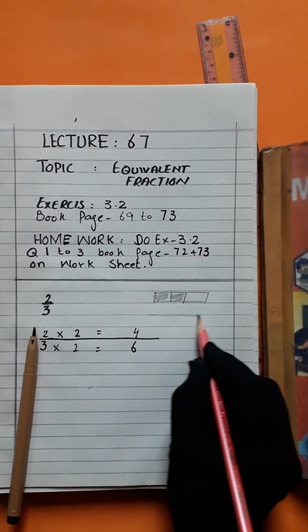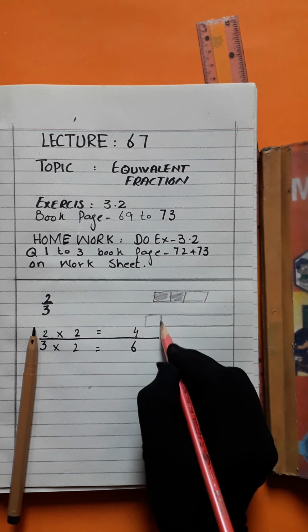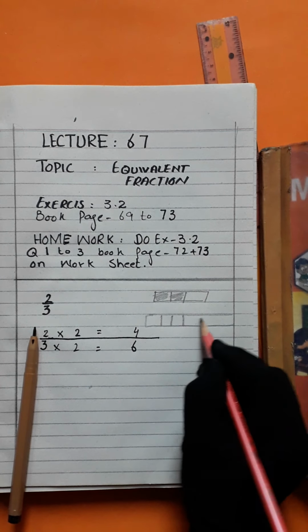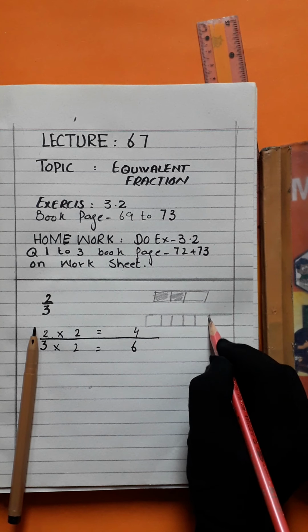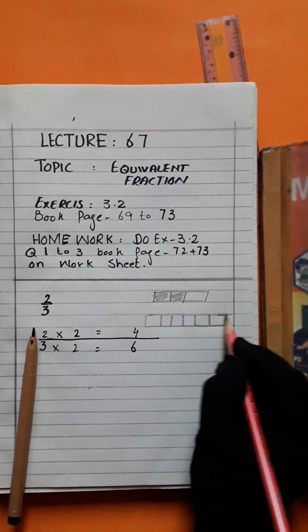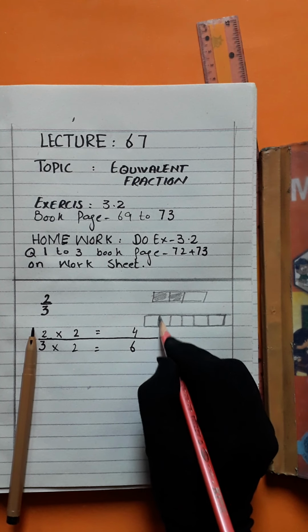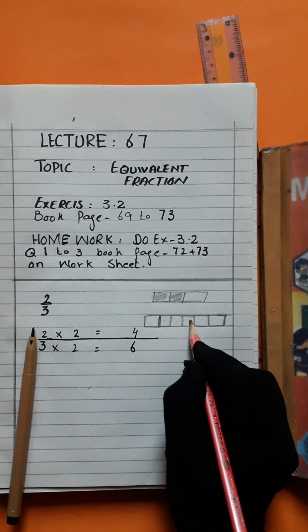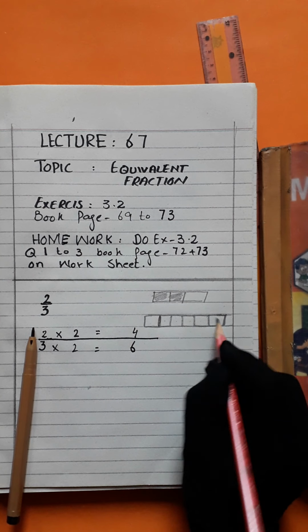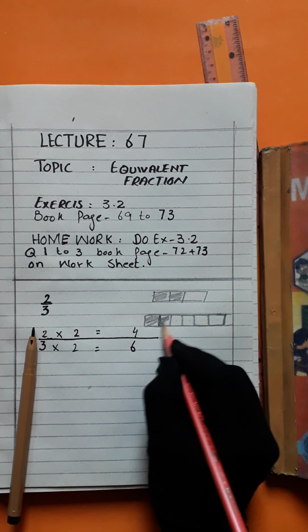You take 6 parts. 1, 2, 3, 4, 5 and 6. Okay, 6 parts, and you colored 4 parts.